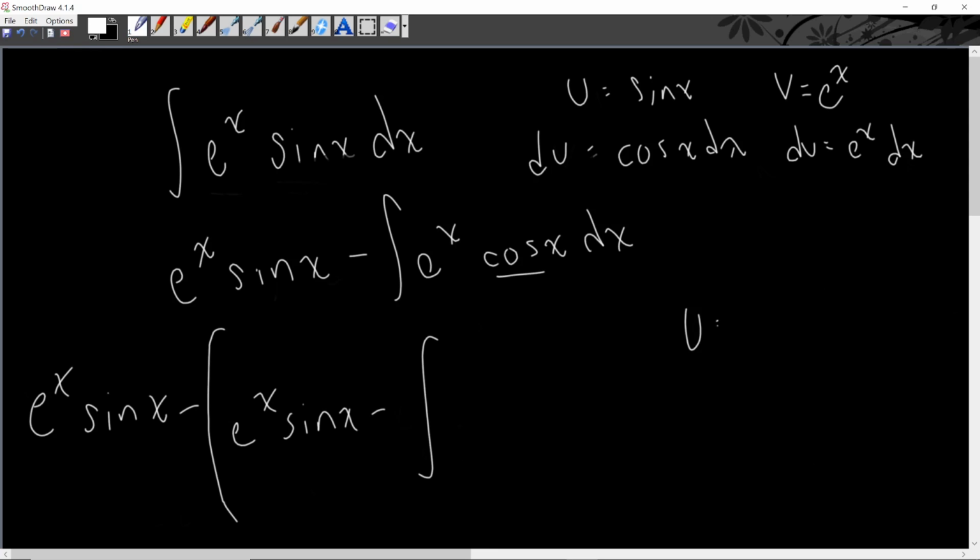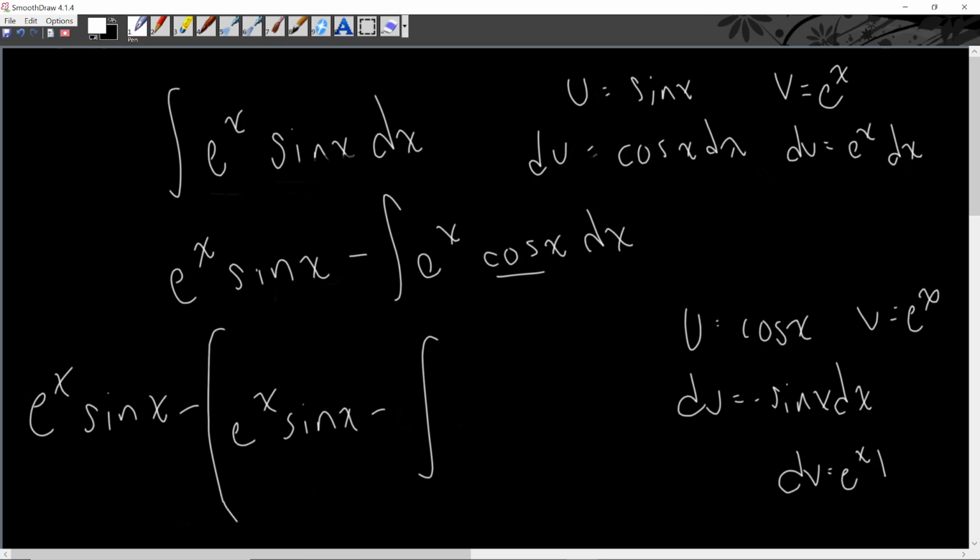So if u is equal to cosine x, then du is going to be equal to negative sine x dx, and then v is going to equal e to the power of x, and then dv is going to be e to the power of x dx. So u dv, and then v du is what we have. So we're going to have u times v, so that's going to be e to the power of x cosine x.